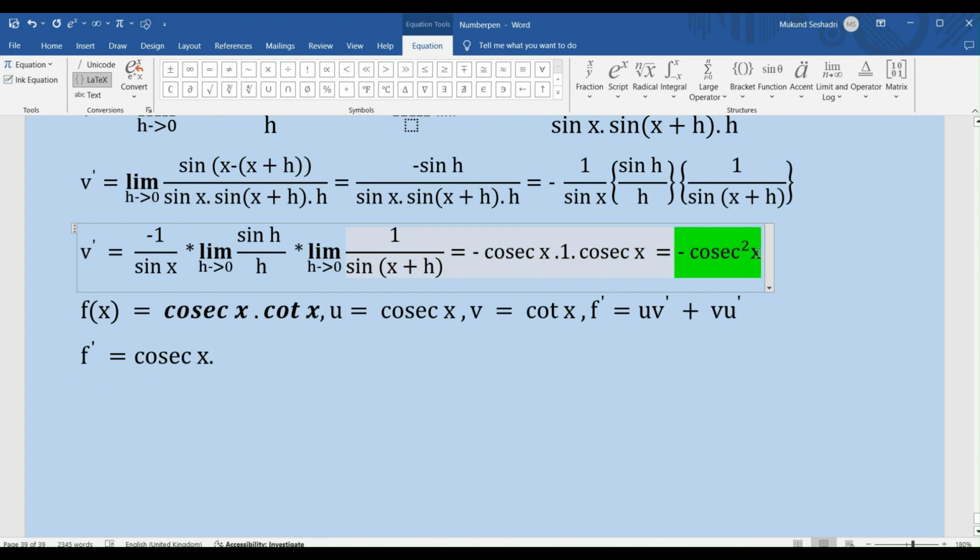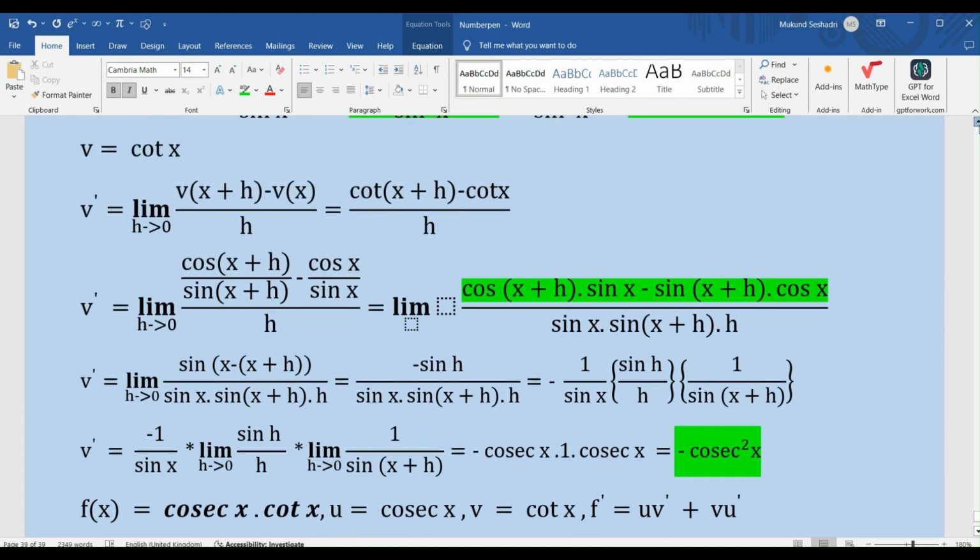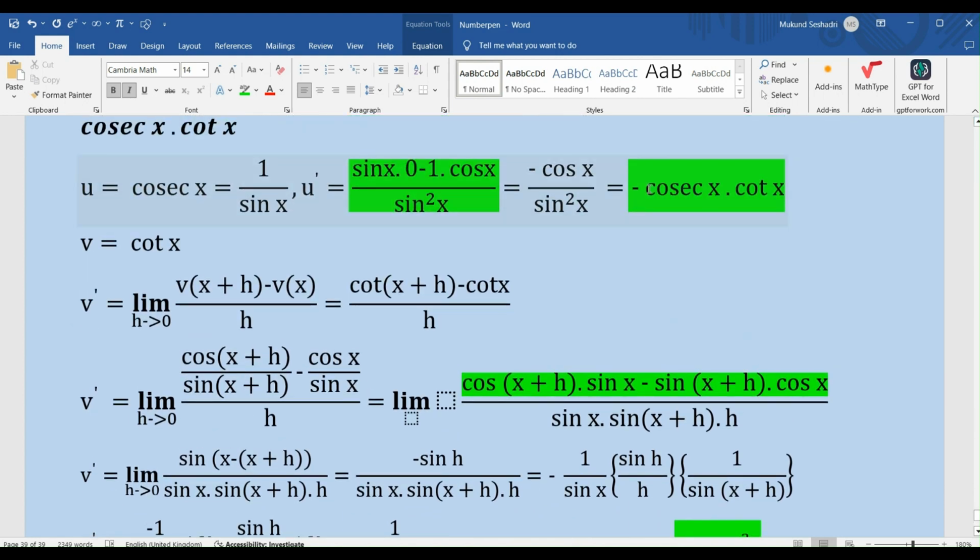It is d by dx of cot x, which is minus cosecant square x. So let's write that. And then I have my v u dashed. What is my v? My v is cot x. What is my u dashed? We worked it out using the quotient rule of differentiation, and it was minus cosecant x cot x. Right, so let's copy that.